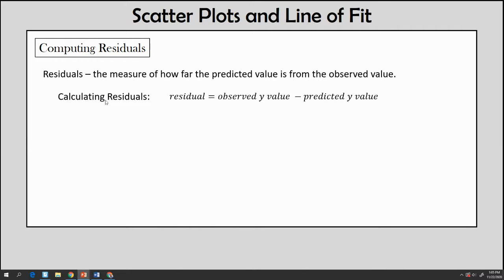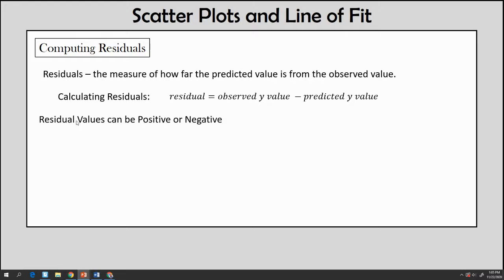To calculate a residual, we look at the observed value, which is given in your chart or that you can see on your coordinate plane, and we subtract from that the predicted value. The predicted value is what we would get for that same input, but using our line of fit. The difference of those two is called the residual.